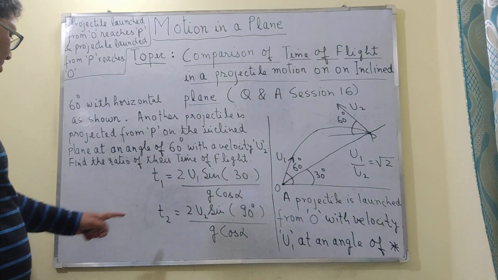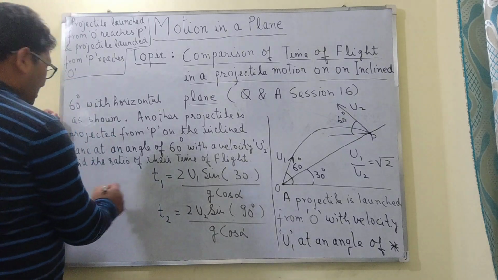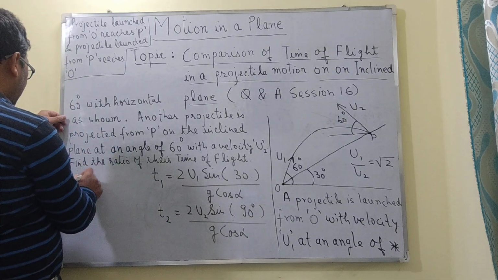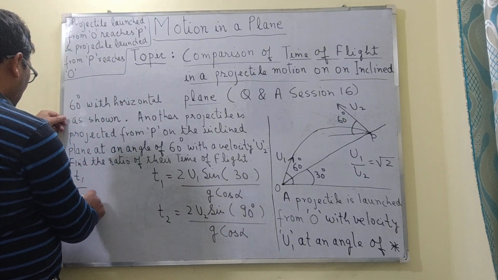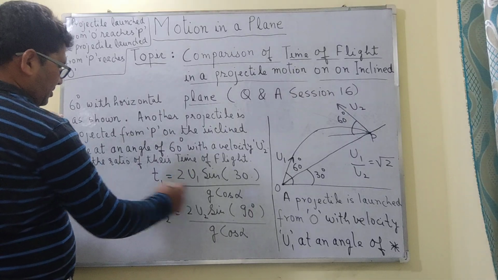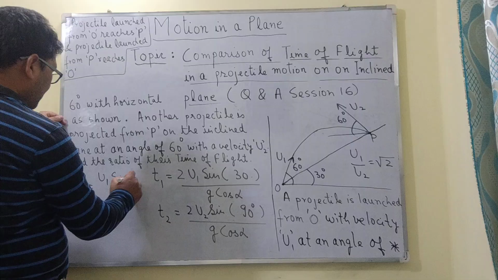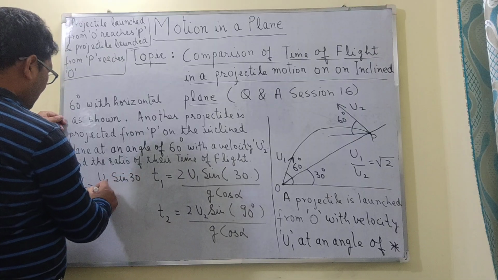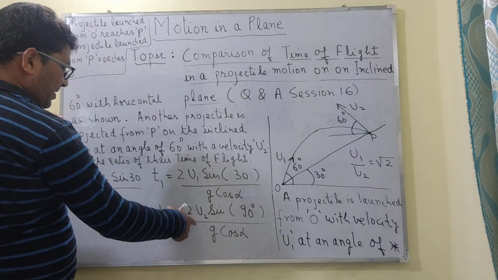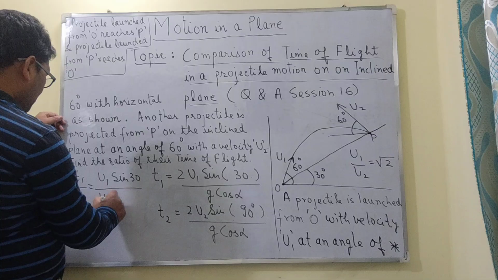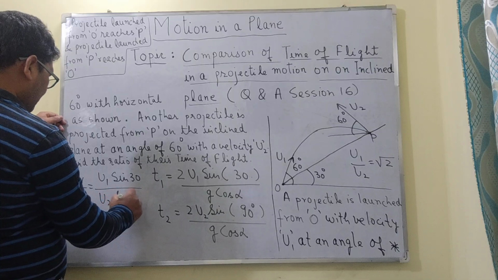So if I divide both these two equations, I will get t1 upon t2 equal to u1 sin 30 divided by u2 sin 90.